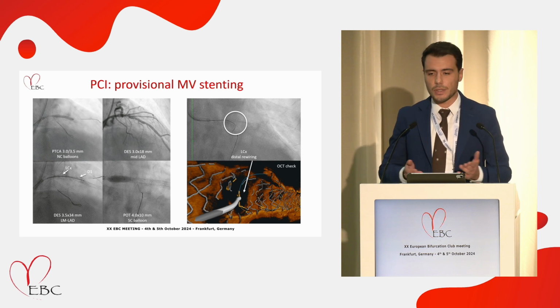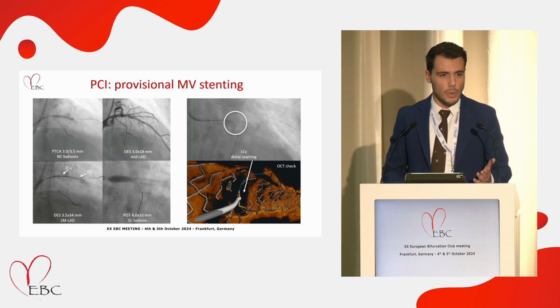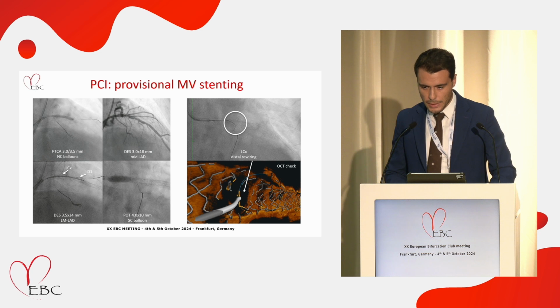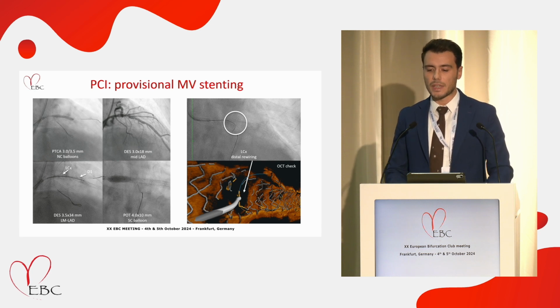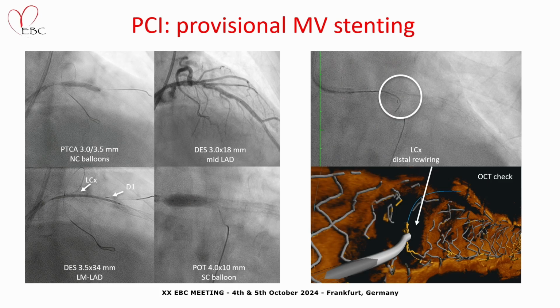In this case, the patient didn't have any problem with kidneys, so we decided to perform an additional OCT run during this step. And you can appreciate from the 3D reconstruction how nicely the wire goes into the last cell of the struts of the stent.